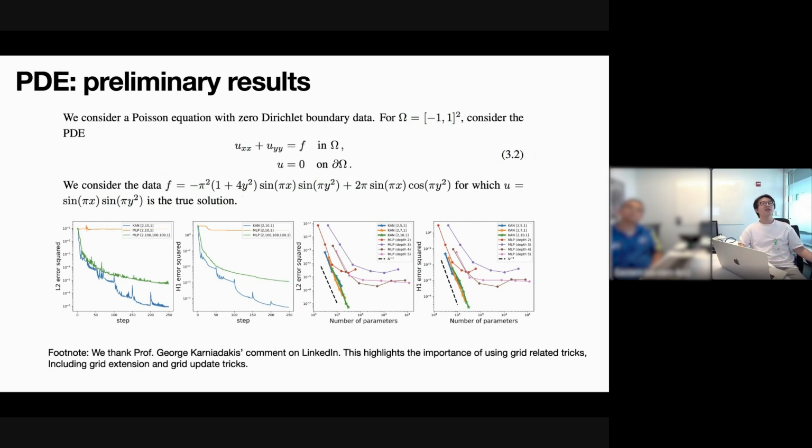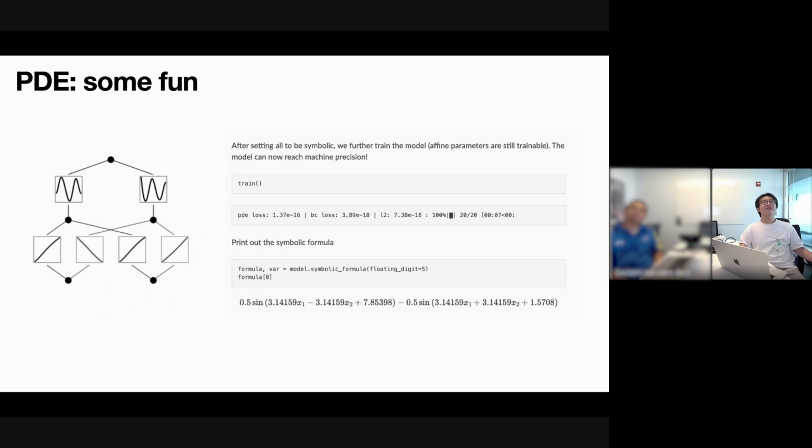But for CANs, we can leverage this grid extension trick, basically going from a coarse grid to a fine-grained grid. And you see that each time we do that, there is a sudden loss drop. Which is good in the sense that you can make your model as accurate and precise as possible, given that you have sufficient data.